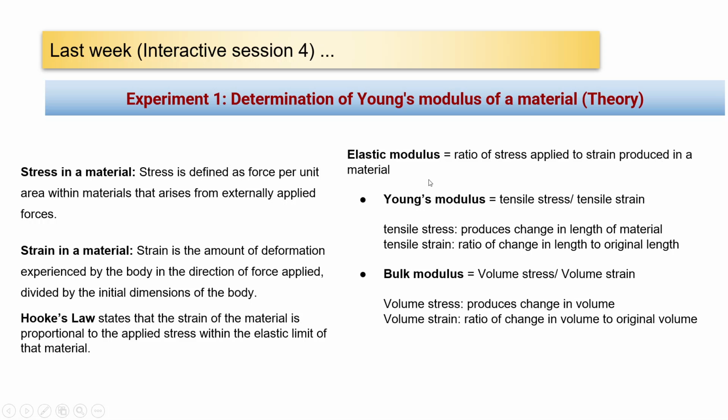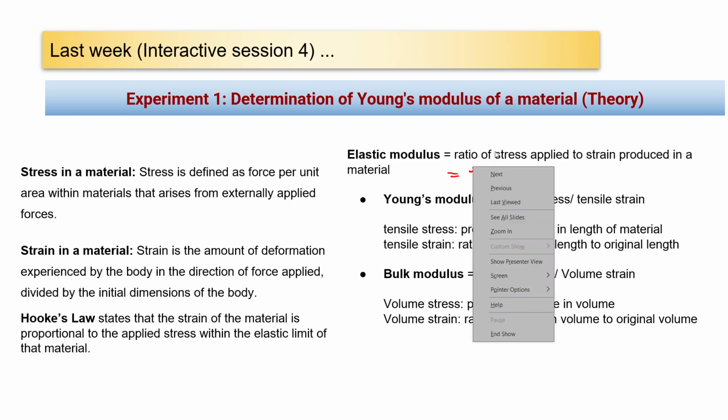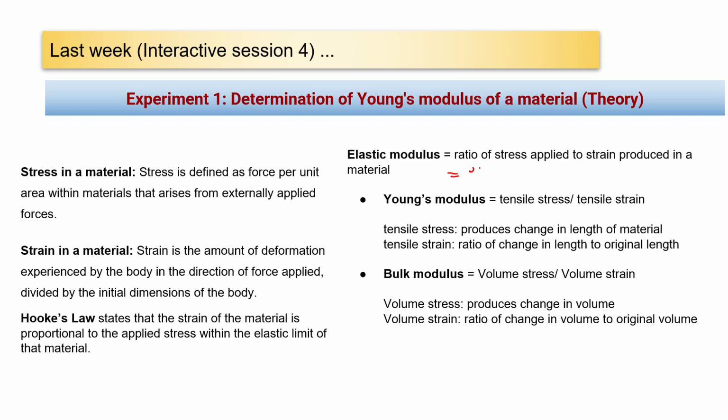So the elastic modulus is given by the ratio of stress to strain, where these moduli are also of different varieties depending on what kind of stress was applied and what kind of strain response is produced in the material. For example, stress is force per unit area, right?